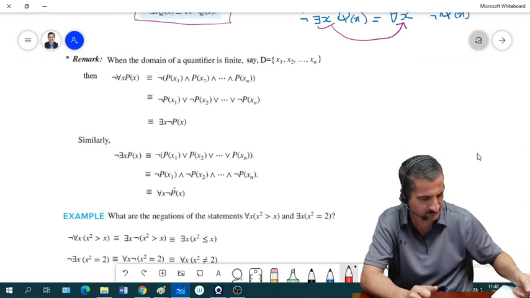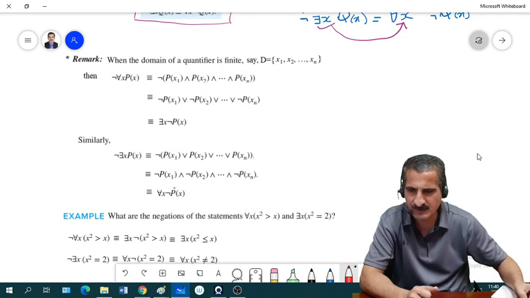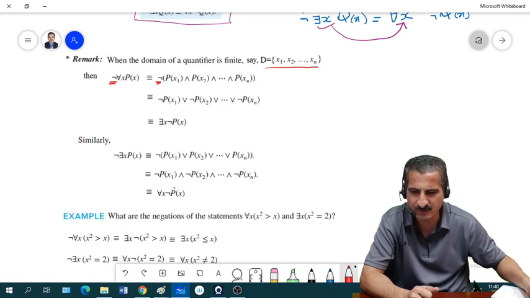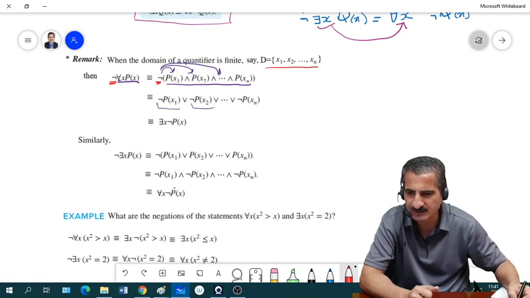Now let's apply the negation on some finite domain. So negating, here is the negation. If we have a finite domain, we already know that for every x, p of x is the same as the conjunction of all of these values. Now the negation means distributing, and then using De Morgan's law, we get the disjunction of the negations.